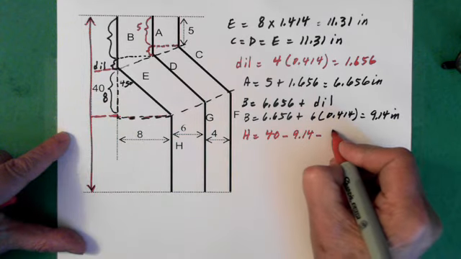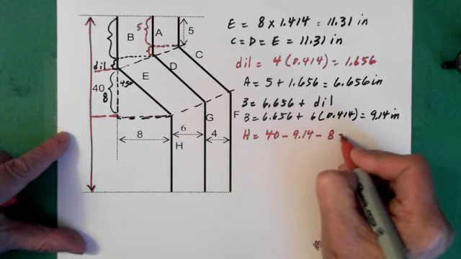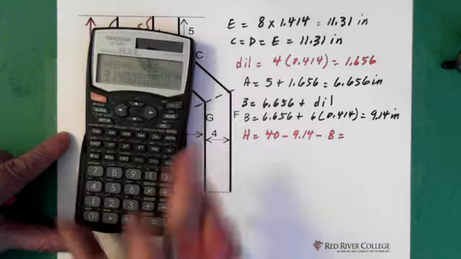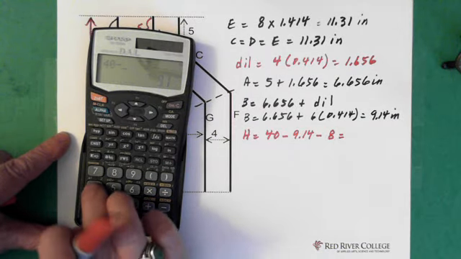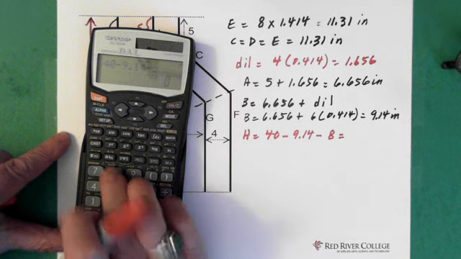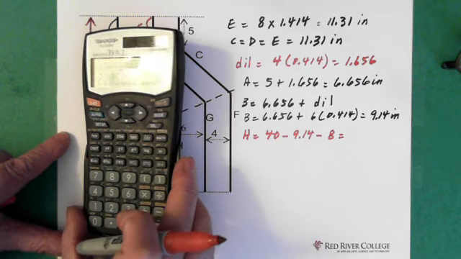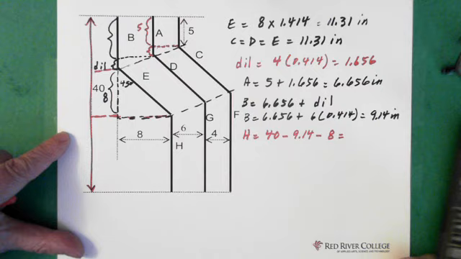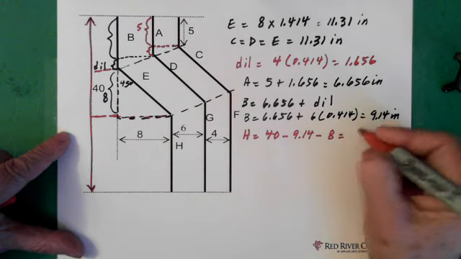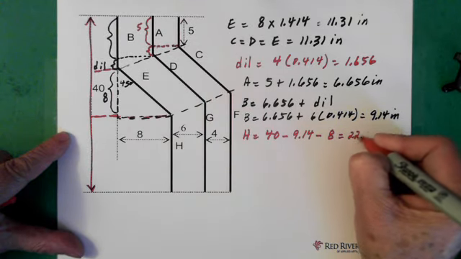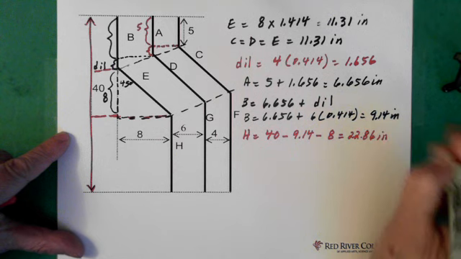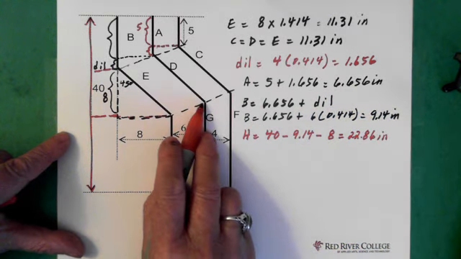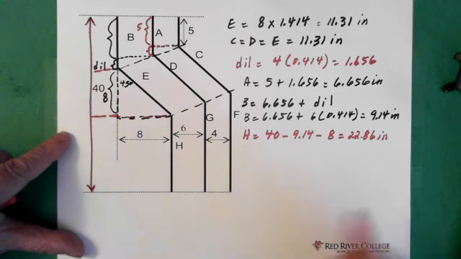Okay, so minus the 8. So then we have 40 minus 9.14 minus 8 equals 22.86. So that's H, 22.86 inches.